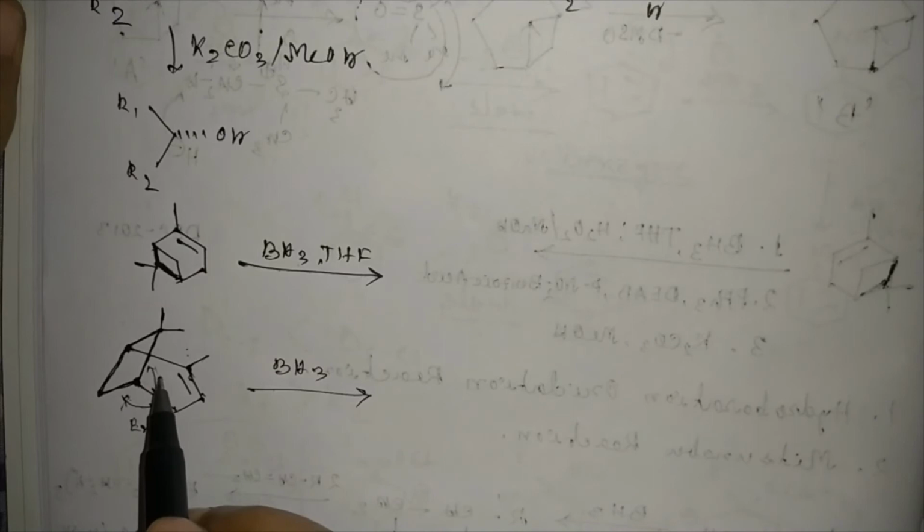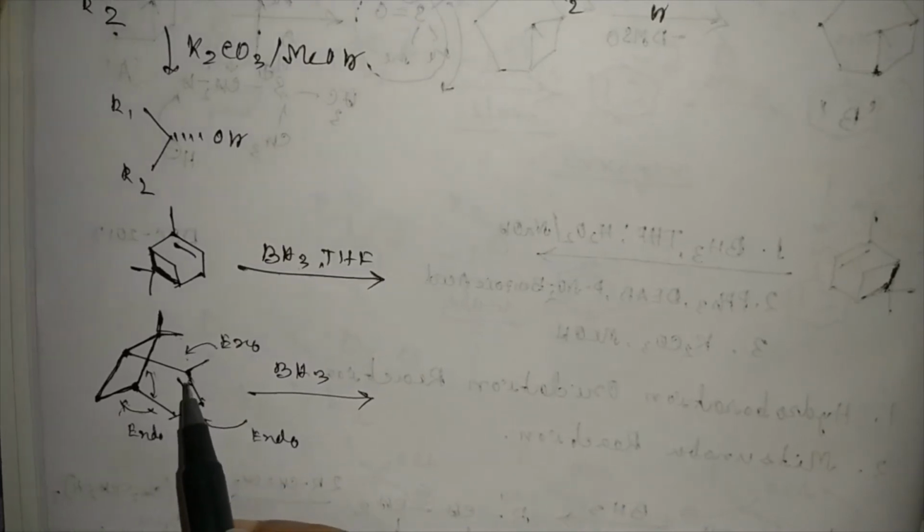So BH2 will add into this carbon and hydrogen will add into this carbon. Now we have to see whether it will come from the exo side or endo side. This side is called exo and the lower side is called endo.